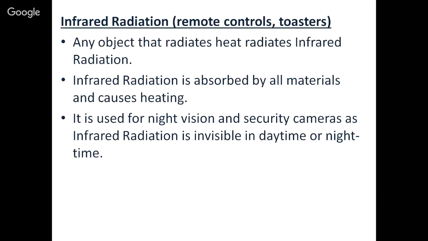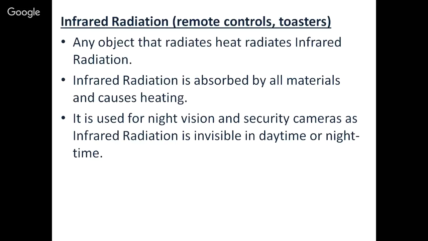Infrared radiations. Any object that radiates heat also radiates infrared radiation. That means whenever a body is heated up, it gives out not only heat radiation, it gives out infrared radiation also. Infrared radiation is absorbed by all materials and causes heating.